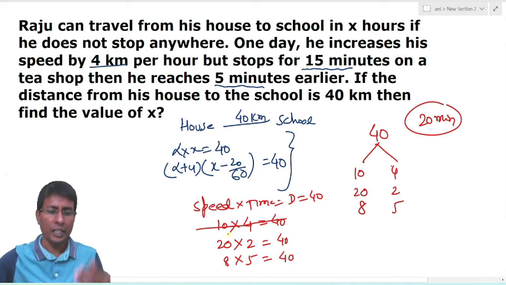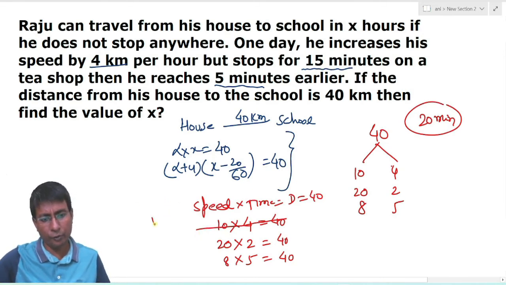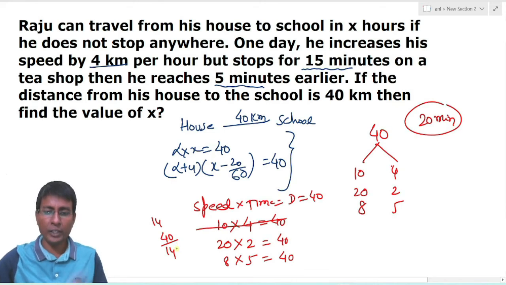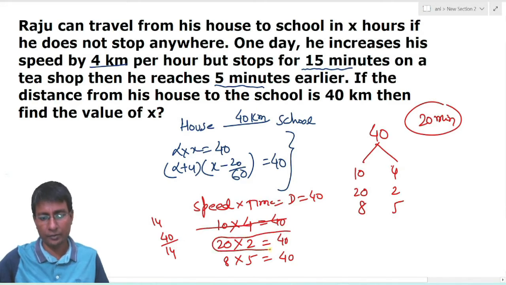You know why? If I take the first case, speed is 10, the increased speed will be 14 km per hour. In that case, the timing would be 40 divided by 14, you will get 20 by 7. You will not be able to find the exact difference in timing. So I will start with the second option.